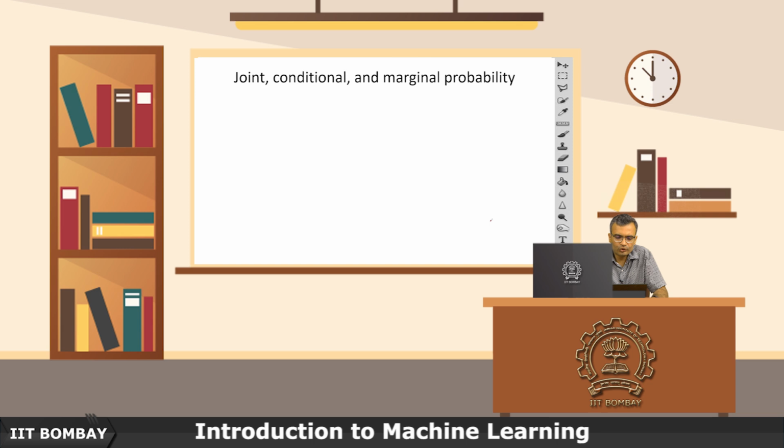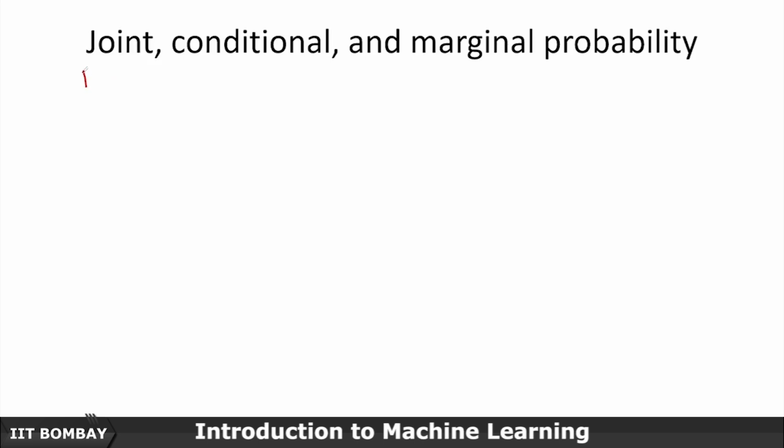Now, if you have more than one variable, then we can define something called joint probability, conditional probability, and marginal probability. So let's take the example of a dice, and based on this dice we define two variables. Okay. So first let's take the basic variable, which is x, and this belongs to all the outcomes of a single roll, 1, 2, 3, 4, 5 and 6.